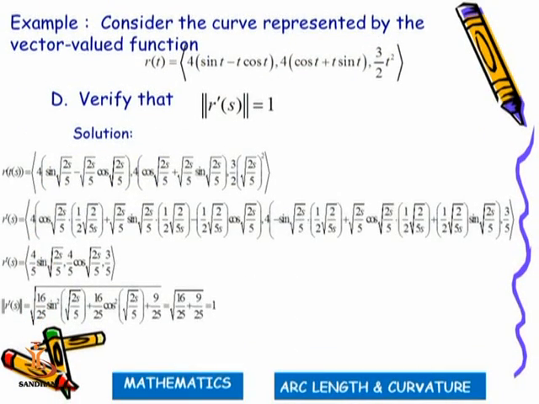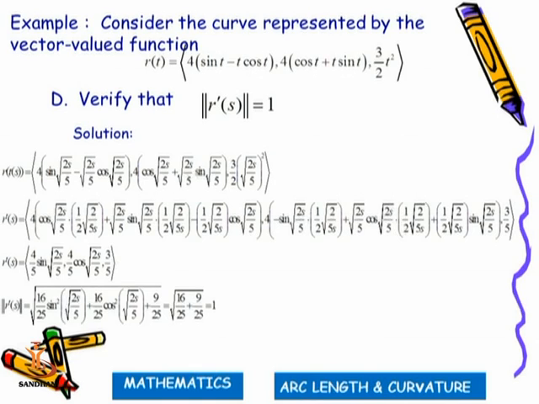Consider the curve represented by the vector valued function r of t, the same function. We will verify here that the norm of r dash of s is 1. We have r of s from the previous slides.